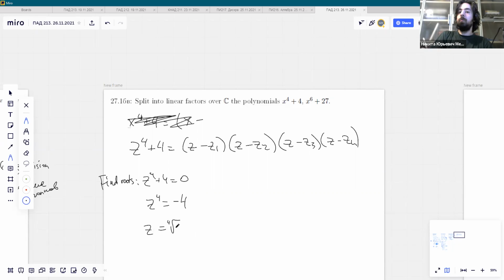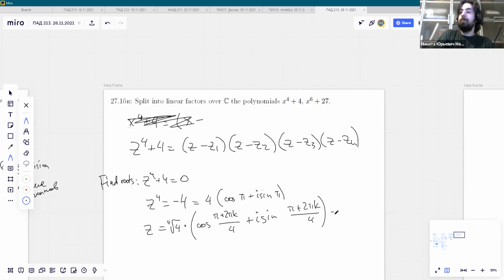4th power root of 4, which is the usual root, the arithmetic root, times cosine of what? So this is 4 times cosine of pi plus i sine of pi. So here I get pi plus 2 pi k over 4 plus i sine of pi plus 2 pi k over 4.